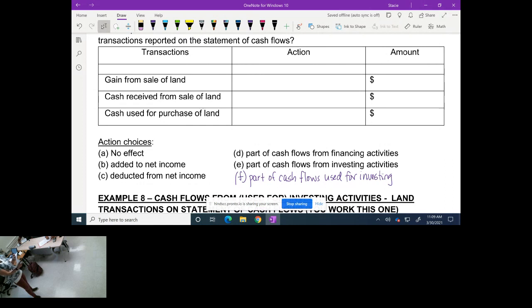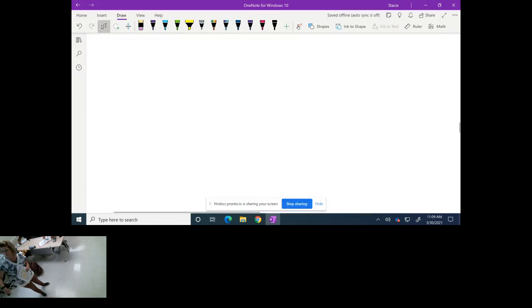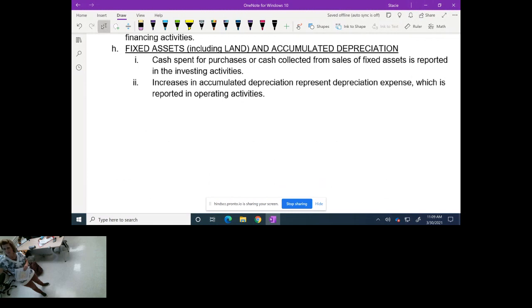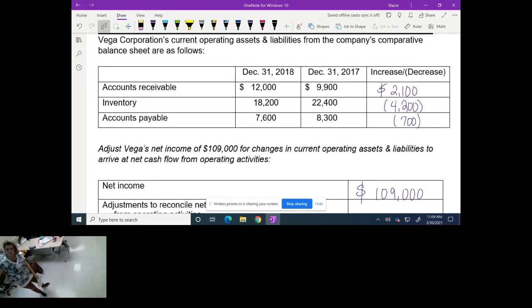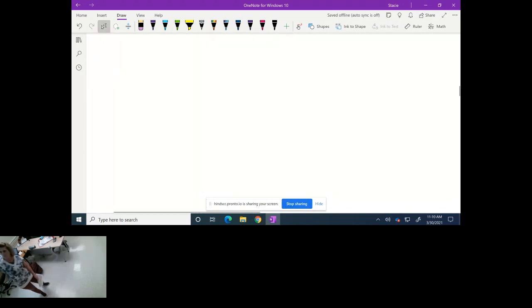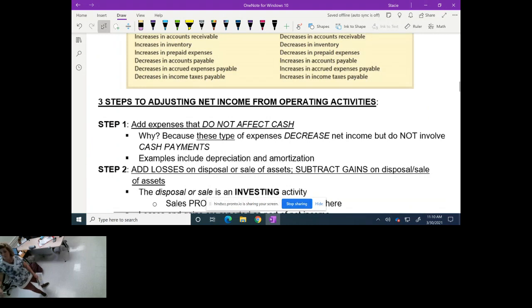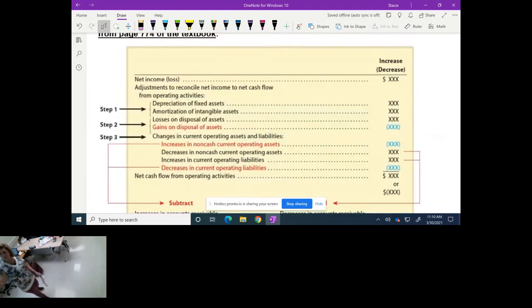In that step 2 on page 5, this right here, all of this is your operating activity section.